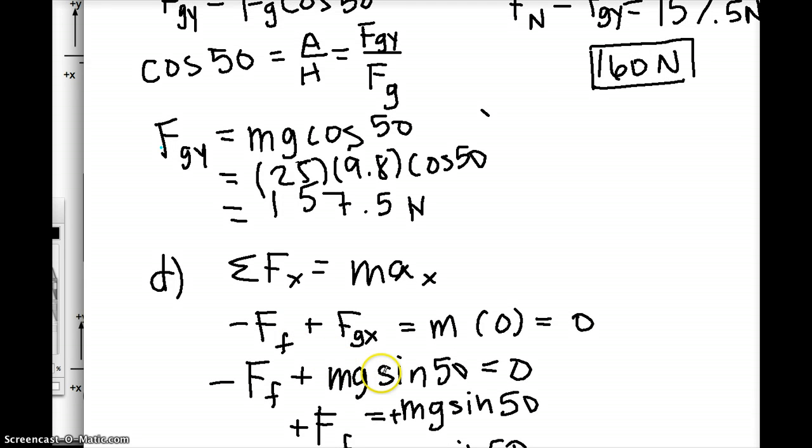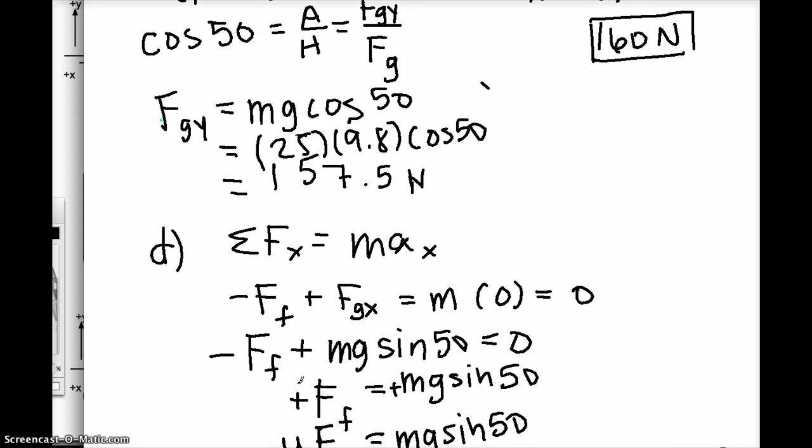So plugging in the force of gravity times sine as my force of gravity in the x direction, the acceleration is going to be 0, which means that these two forces are balanced, they're equal to each other.